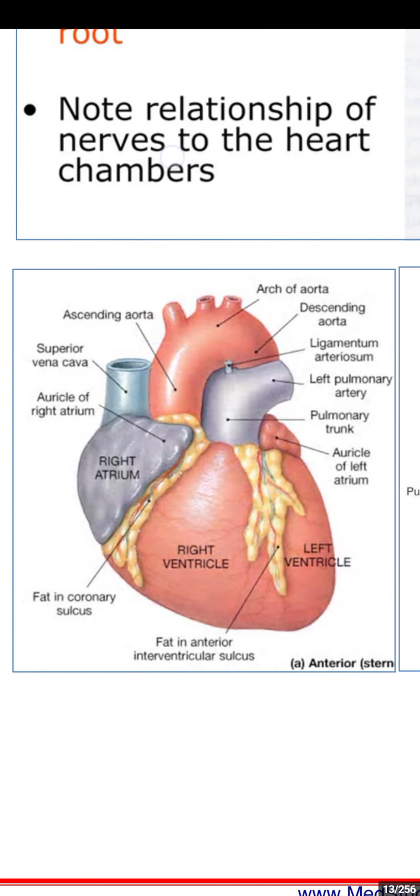You can see in this picture the anterior part of the heart. So this is ascending aorta. You can see the arch of aorta.